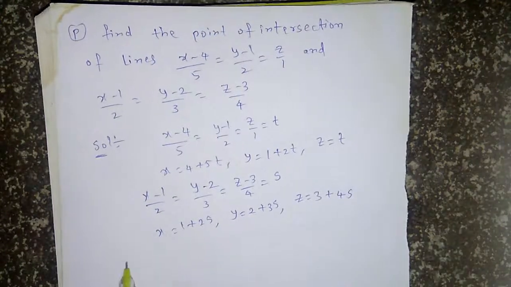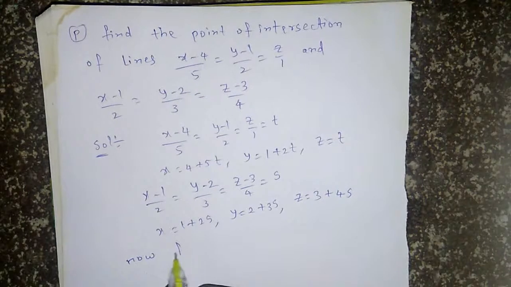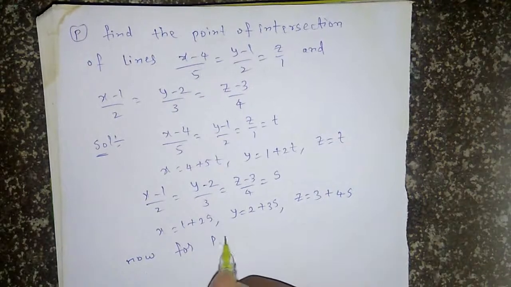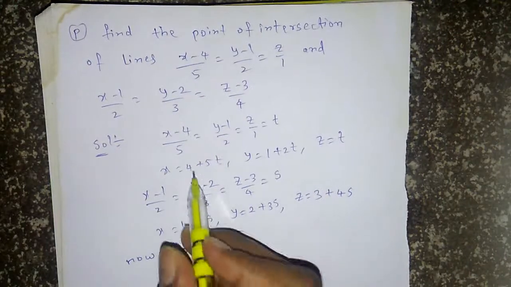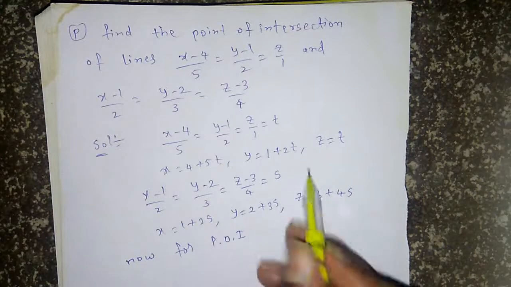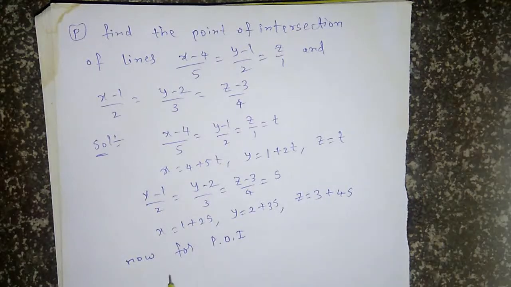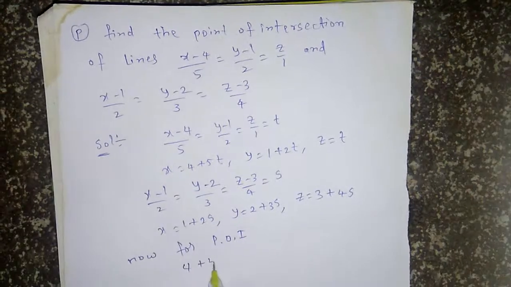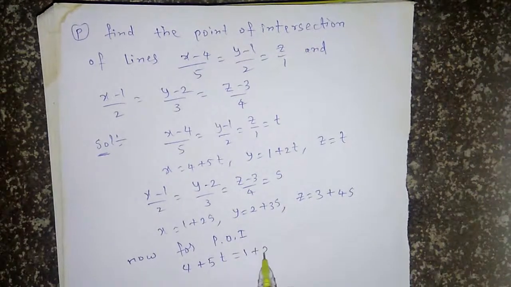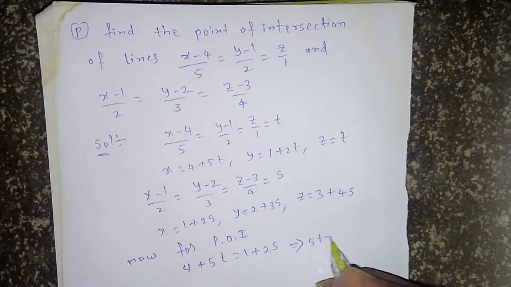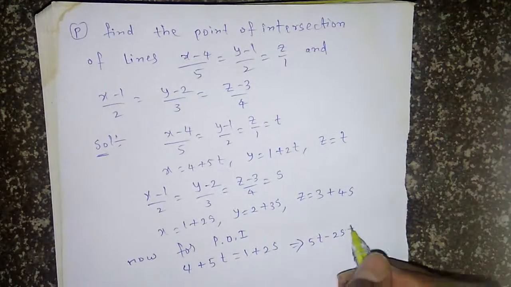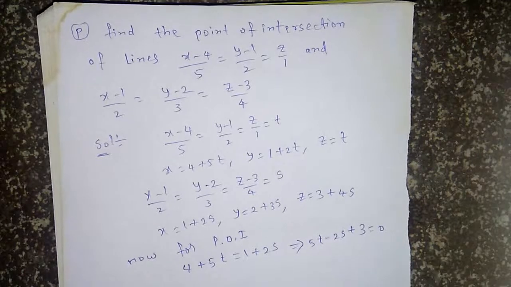So now for the point of intersection, we equate x, y and z. If we equate x's, that is 4 plus 5t = 1 plus 2s, so that implies 5t minus 2s, 4 minus 1 is 3, equal to 0.